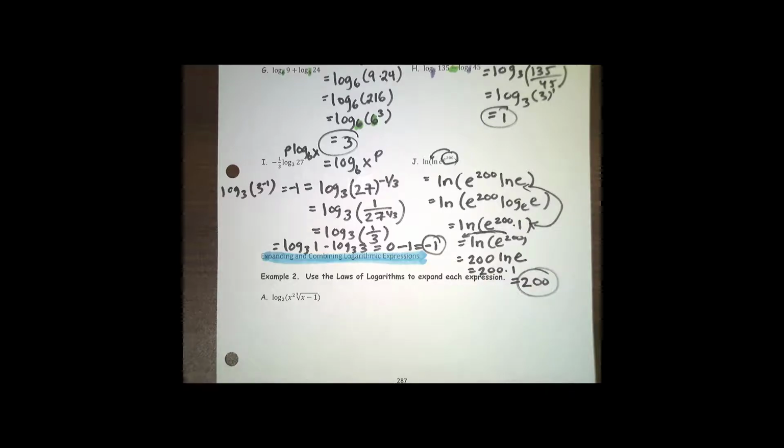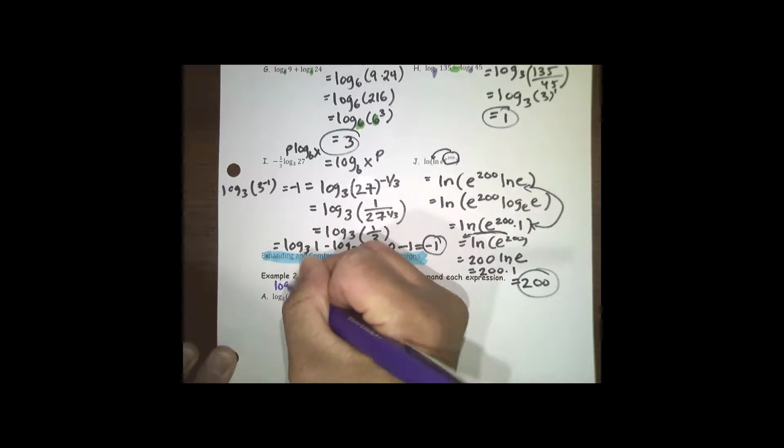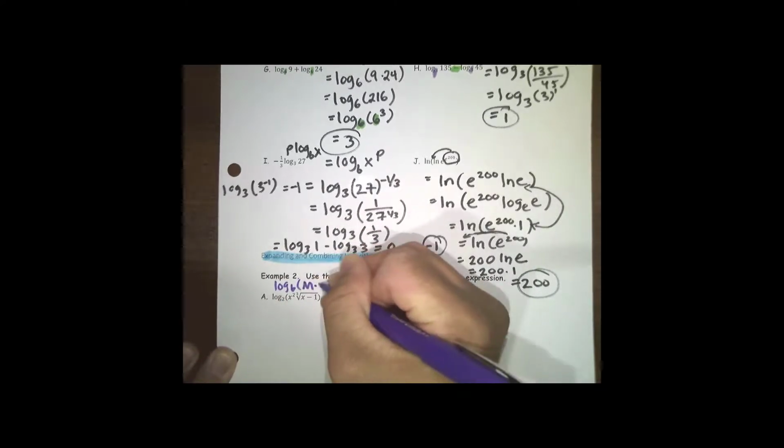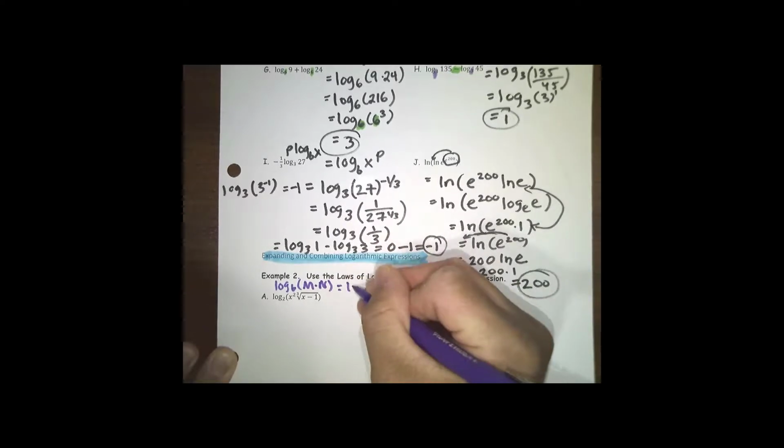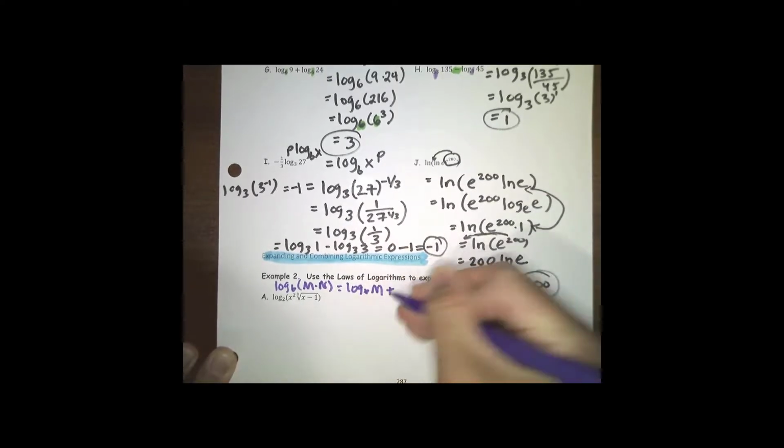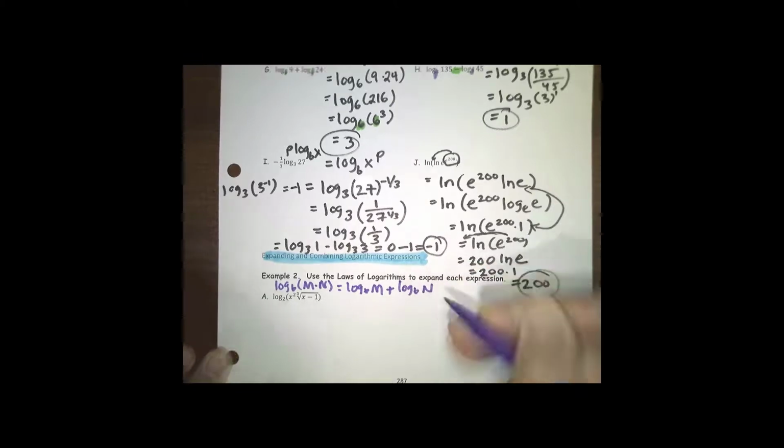That means that instead of just evaluating the expression, I want to write it out in the long form. I see that there's multiplication being done of log base b of m times n, which will be log base b of m plus log base b of n.